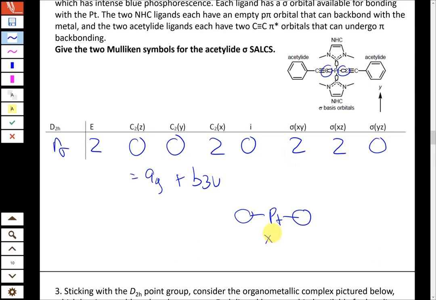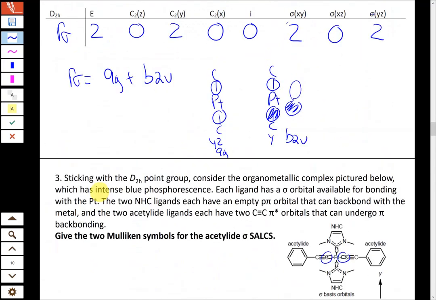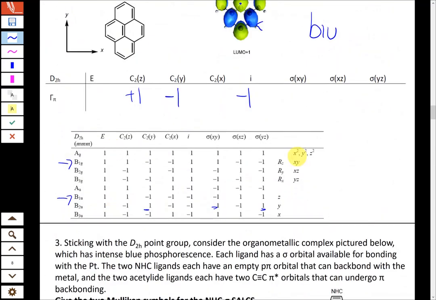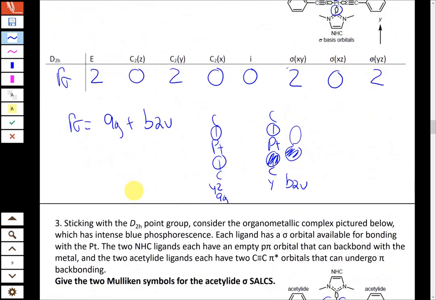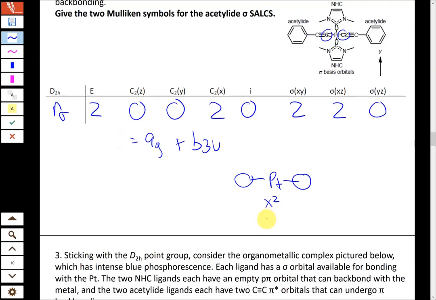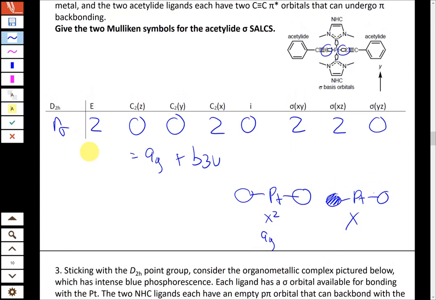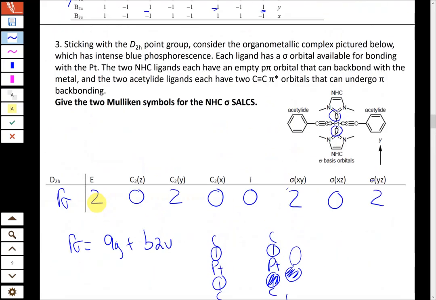So that's going to be transforming as x squared, which transforms as Ag in this point group, totally symmetric. And then the out-of-phase combination would transform as x, because you have positive x in one direction, negative x in the other direction. So this would line up with the px orbital, or the x Cartesian coordinate.